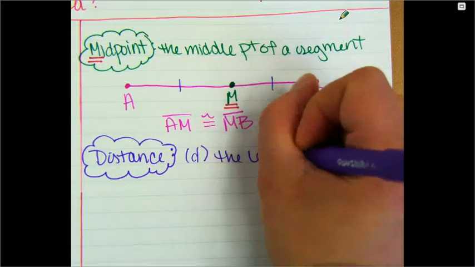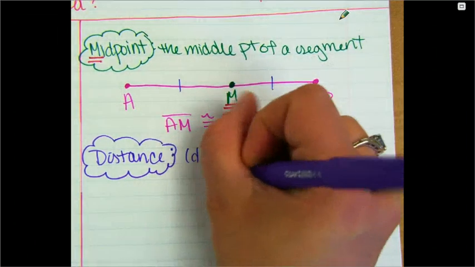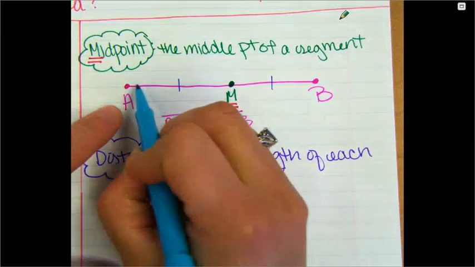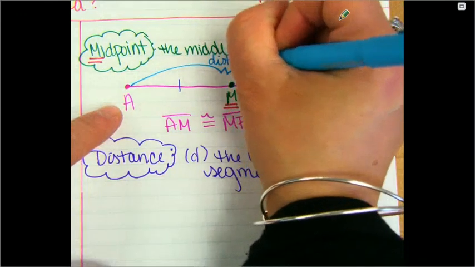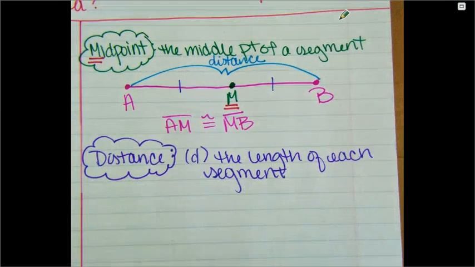So it's the length of each segment. Right? We good? If I'm talking length, I'm talking distance, I'm talking the whole thing. So midpoint's in the middle, distance is how long is it?